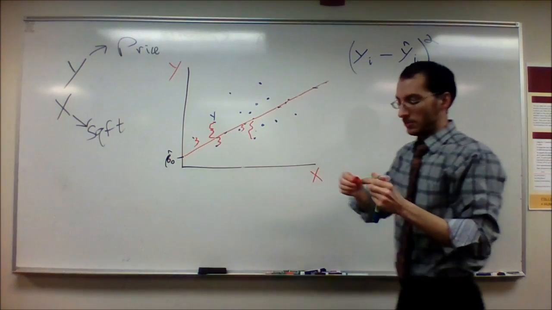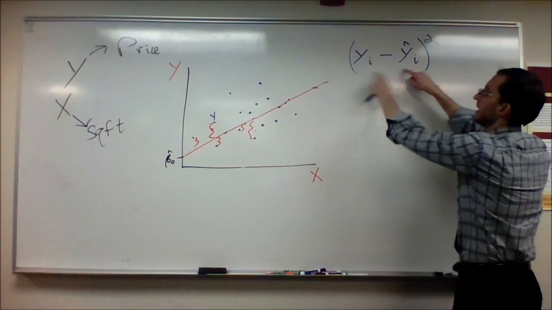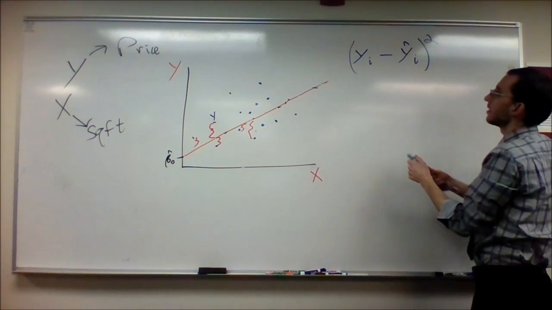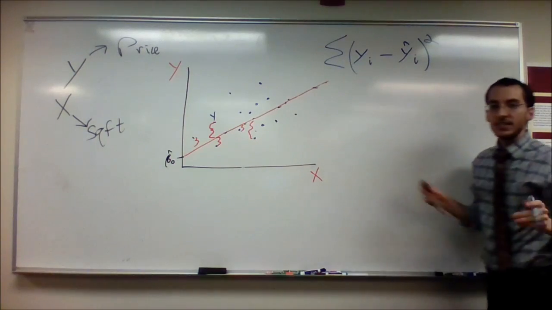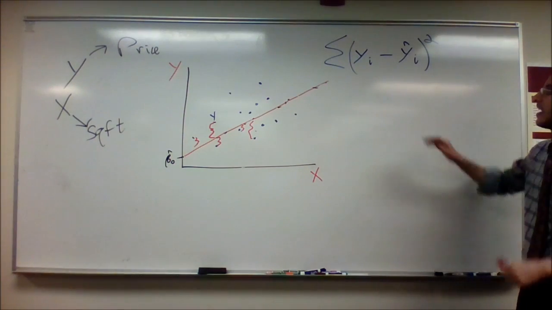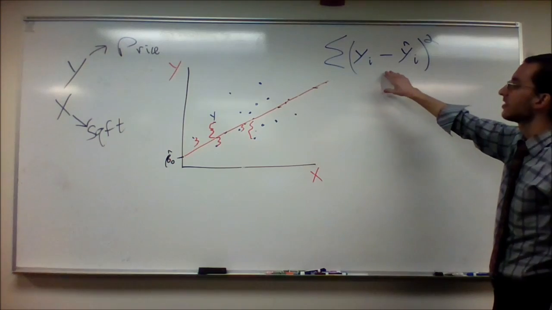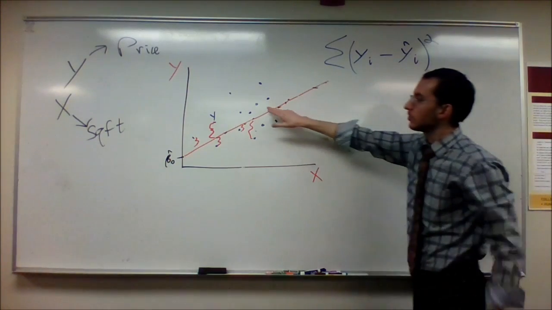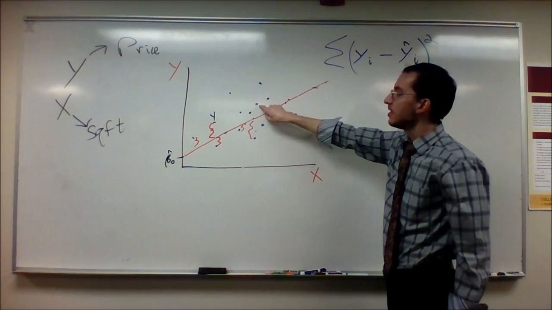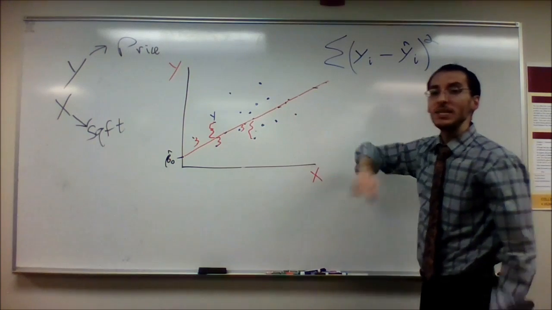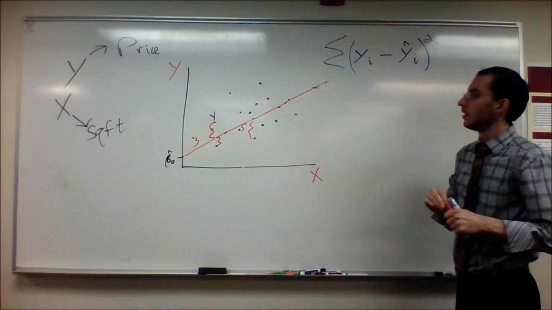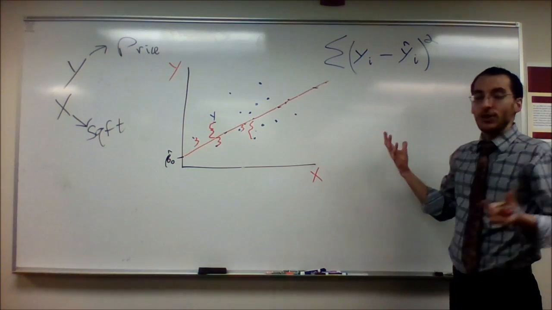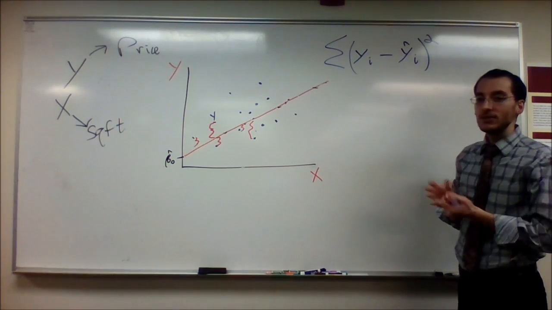It's taking the difference, squaring it, and then adding it all together and saying, I want the squared distance between my data and my line to be as small as possible. And that's all regression does.